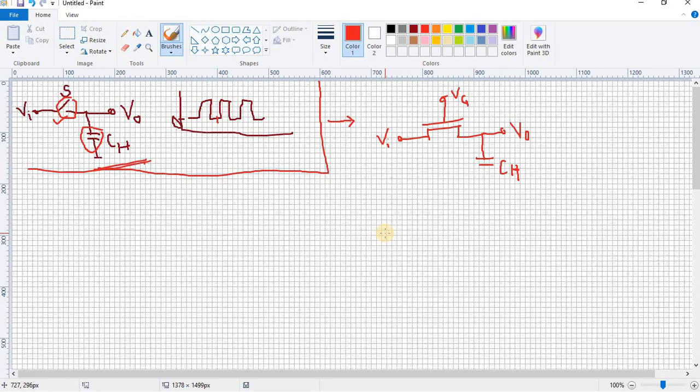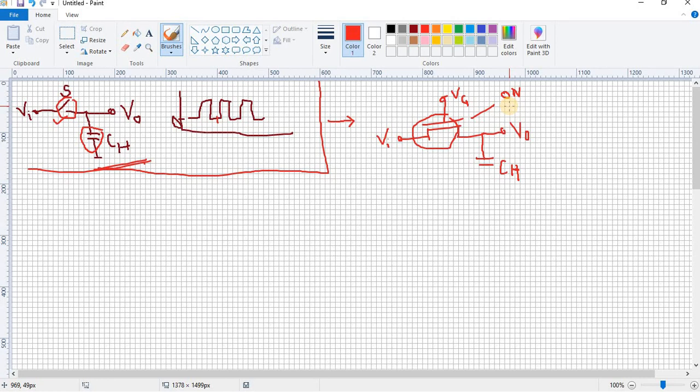From the basic mechanism of the MOSFET, when a particular gate voltage is applied so that it can create a channel between source and drain, under those conditions this MOSFET will act as an on switch. Basically, when the gate voltage is more than the threshold voltage, it creates a channel and it is an on switch, right?